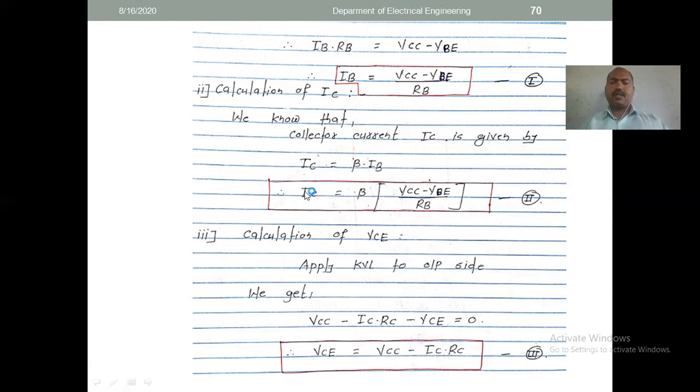So we have calculated the IB. Multiplying by RB, it goes to the other side as a divisor.